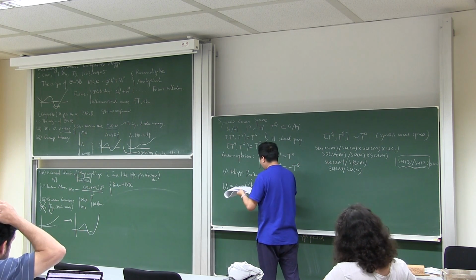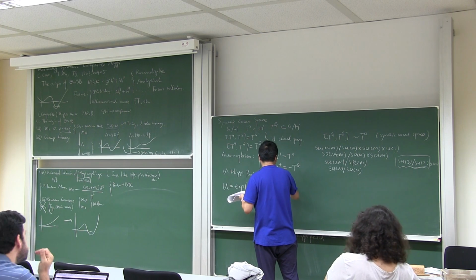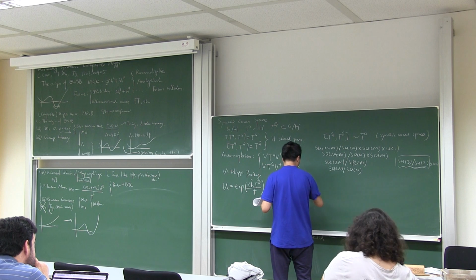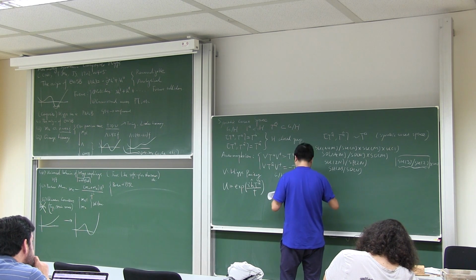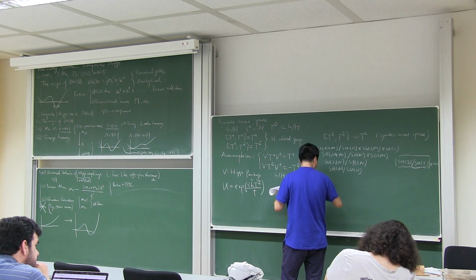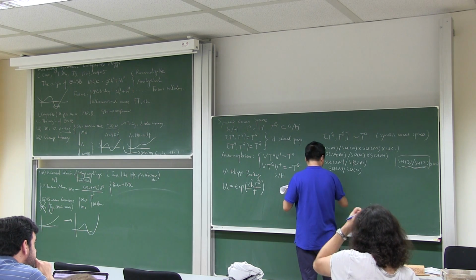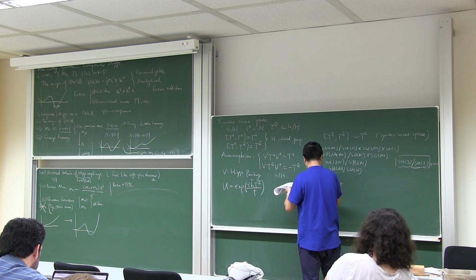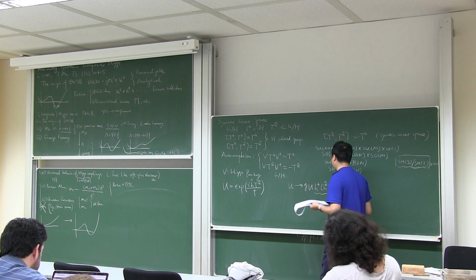And this Goldstone matrix, in the G/H model, the general formula, they transform like this. They transform like G U H dagger, where H is a nonlinear function of these Goldstones and also the G transformation.